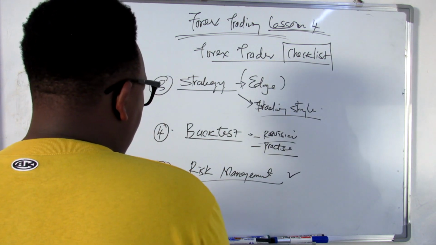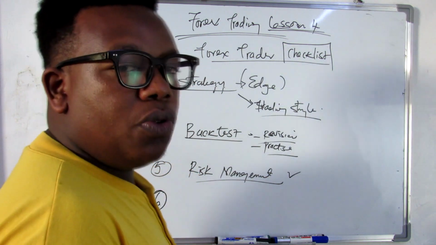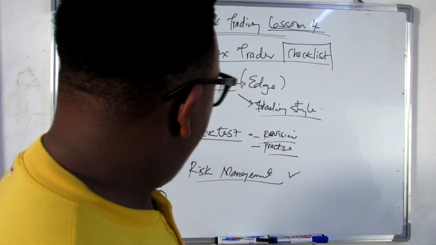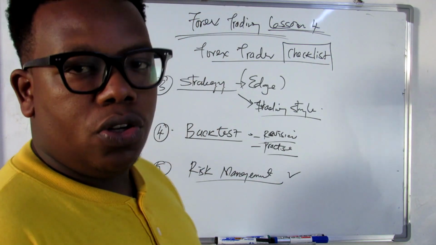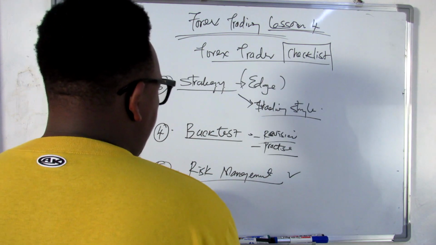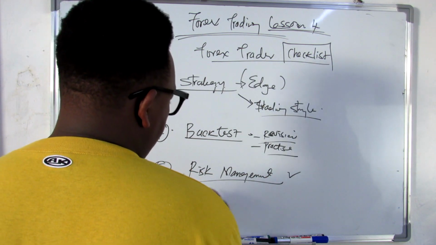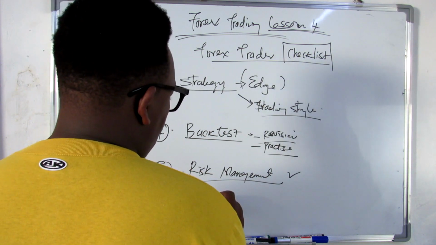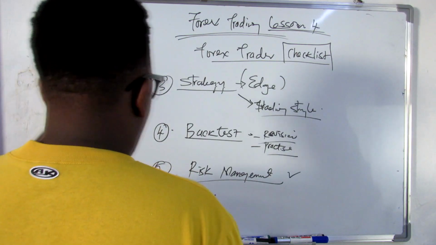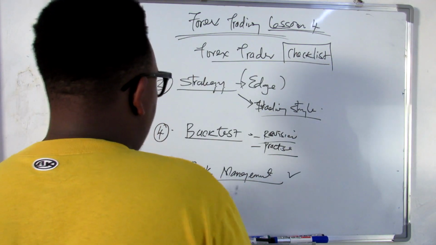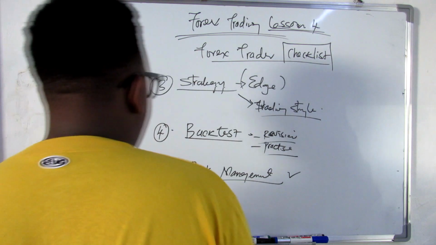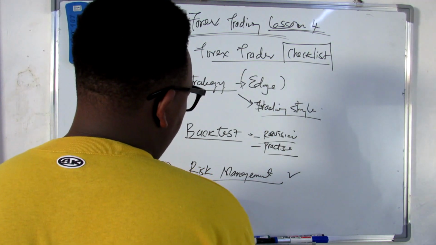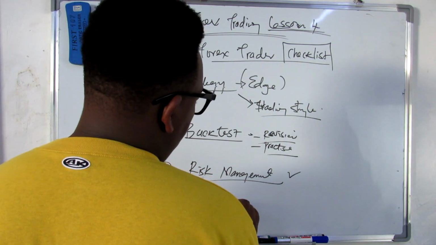And let's proceed to our last concept, which is number 6, and this is where we have your psychology. So with psychology, that's why you find trading becomes very hard.